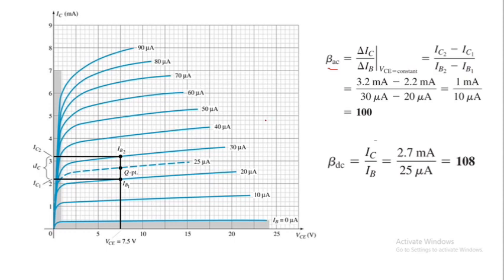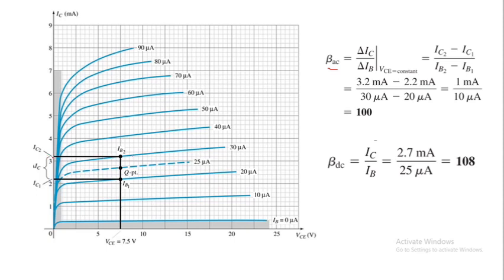IB2 is 30 microampere and IB1 is 20 microampere, and for the corresponding values of IC, you can find them by drawing a straight line over here.